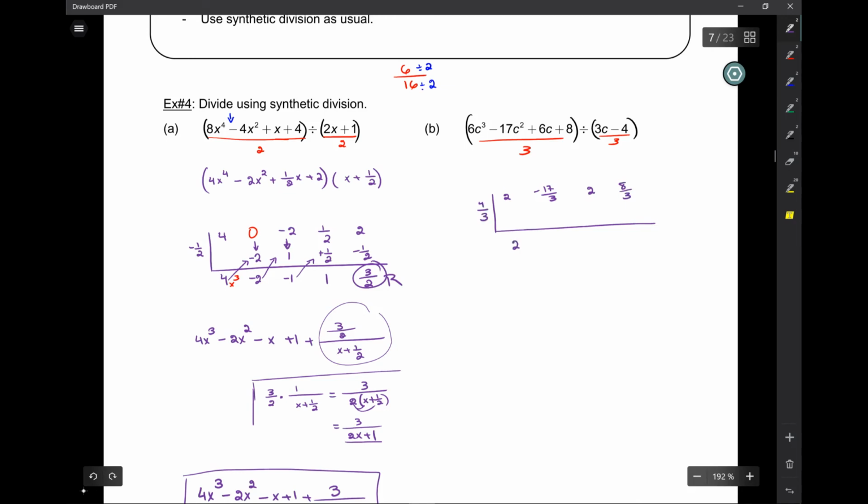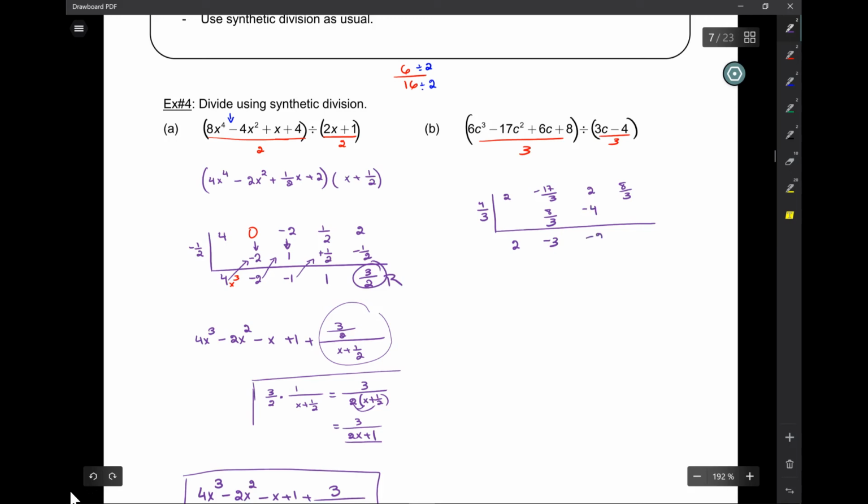Okay, so 2 comes down, and I get 8 over 3. Now when I add these, negative 17 plus 8, negative 9 over 3, negative 3. Multiply negative 8 over 3, so that's negative 12 over 3, my mistake, which is negative 4.